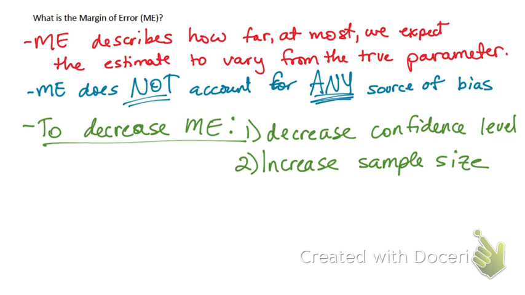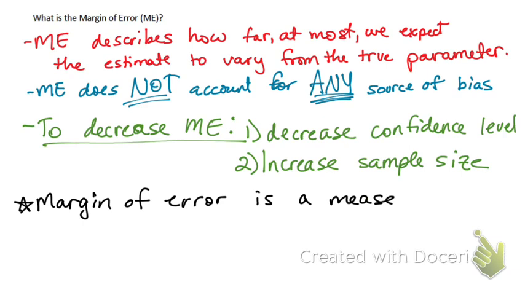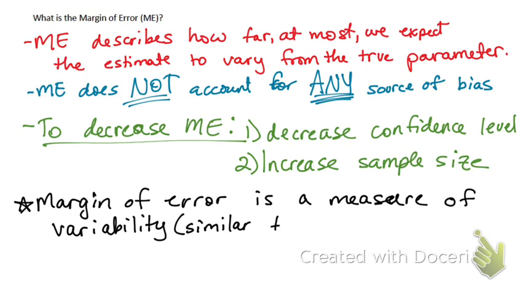All right, and then the last thing about margin of error that I want to make sure we've actually already said. Lainey kind of gave us this answer. The margin of error is a measure of variability, similar to standard deviation.